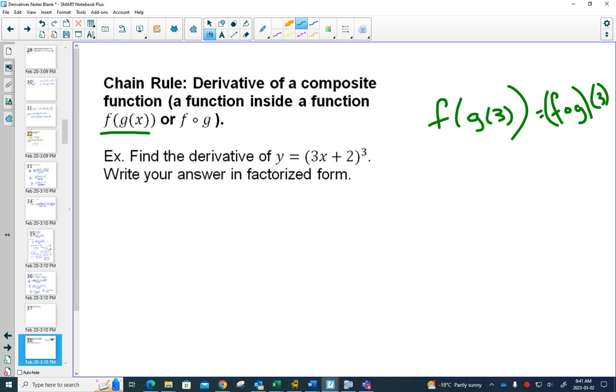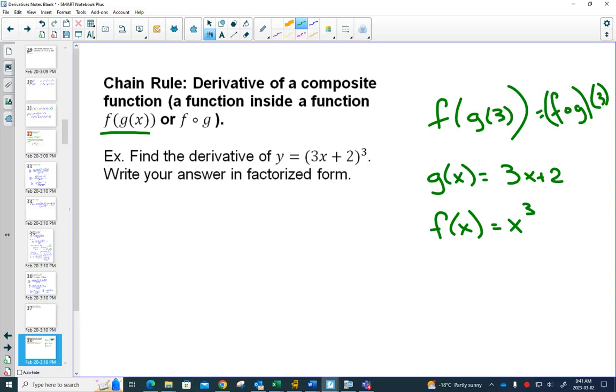So if we call the inside function 3x plus 2, then your outside function is x cubed. Does this make sense? If I plugged 3x plus 2 into f of x, the x would get replaced with 3x plus 2, and I would have 3x plus 2 cubed.